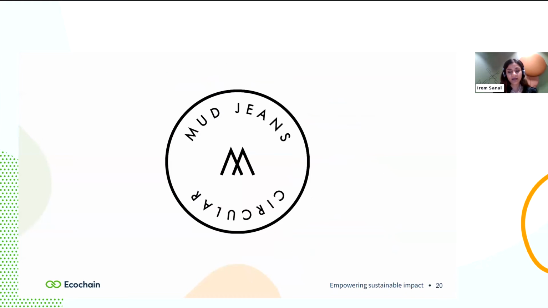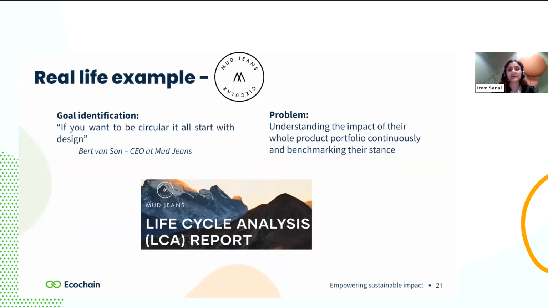And later on, I want to end the case studies with the Matjin example. So Matjin is the world's first circular denim brand, and we have been working with them since 2019. And as the CEO mentioned, for them, if you want to be circular, it all starts with design.